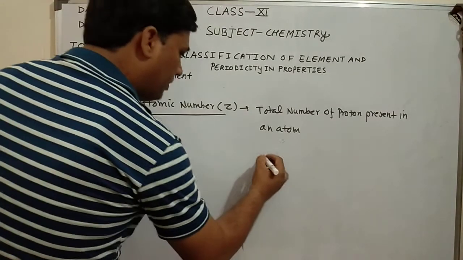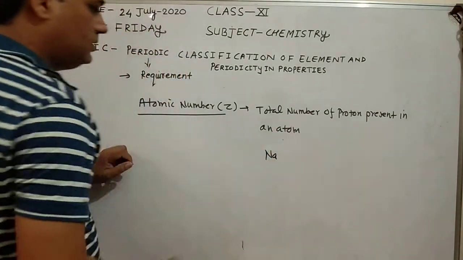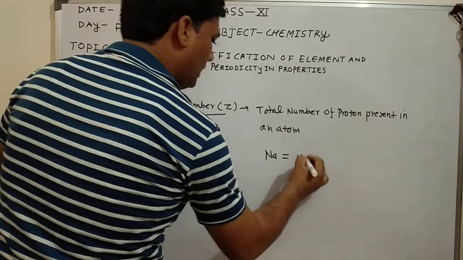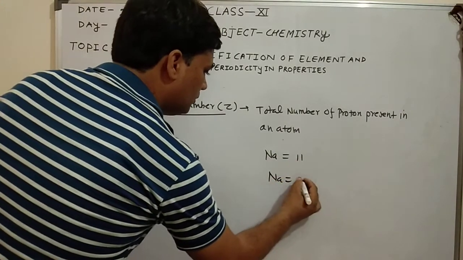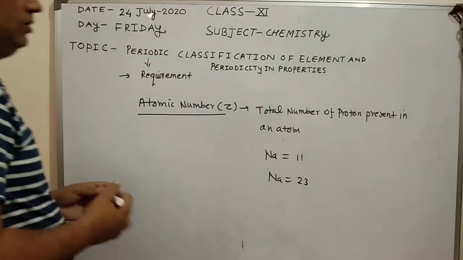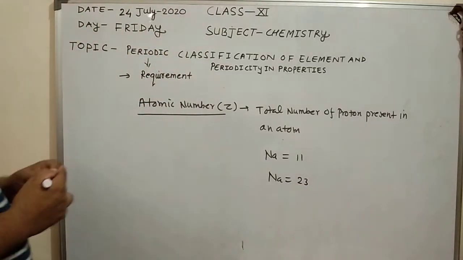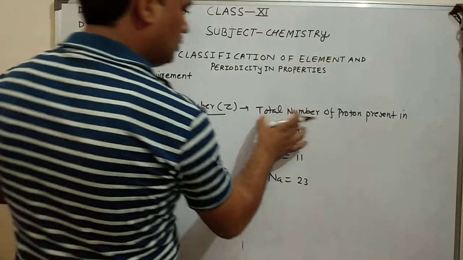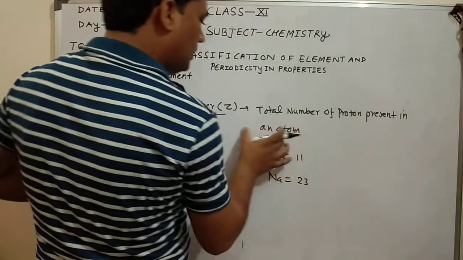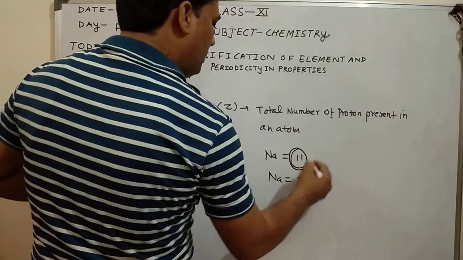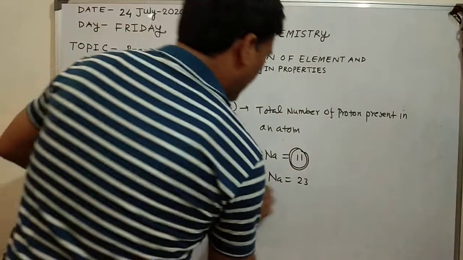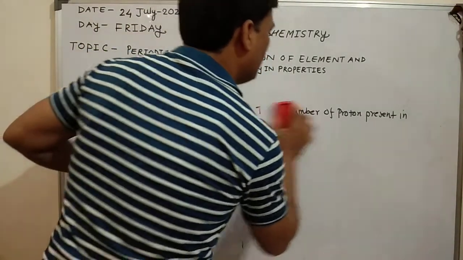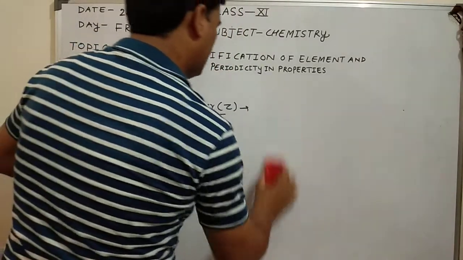For example, atomic number of sodium is equal to 11, and atomic mass of sodium is equal to 23. Atomic number is never fractional, but sometimes atomic mass may be fractional.